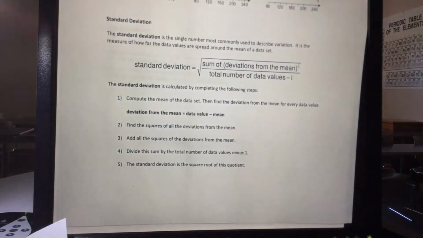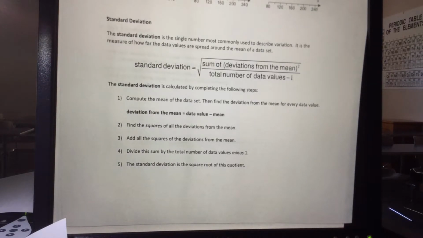Okay, now for the standard deviation. The standard deviation is the single number most commonly used to describe variation. It is the measure of how far the data values are spread around the mean of a data set.